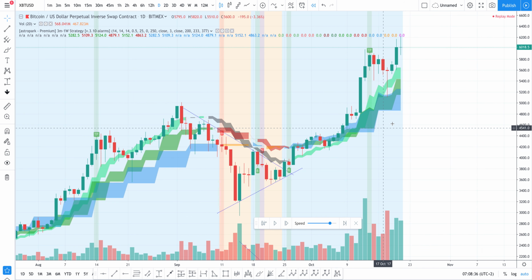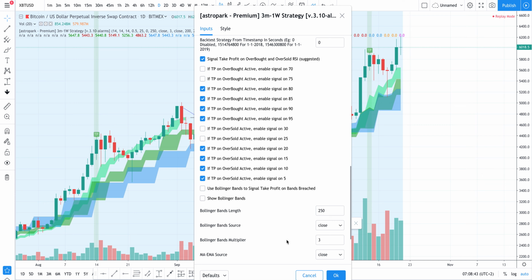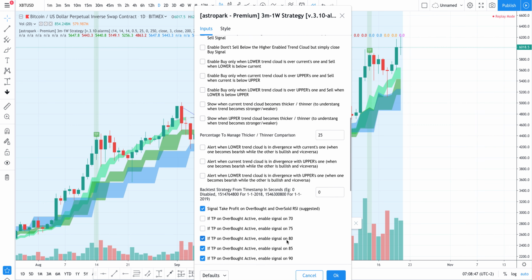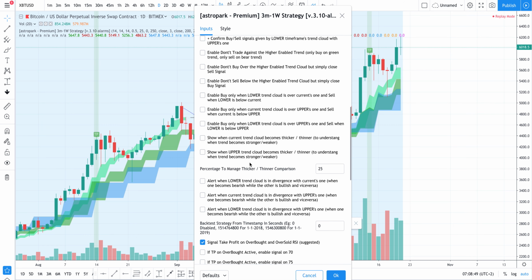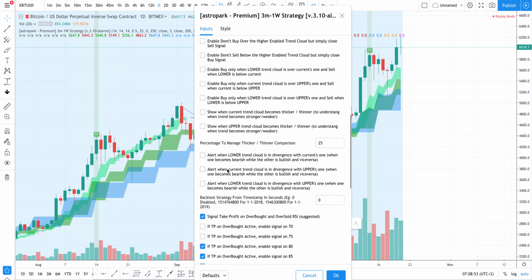So what I was saying, an important detail I added to my script is the possibility to check if a trend is in divergence with the other one.